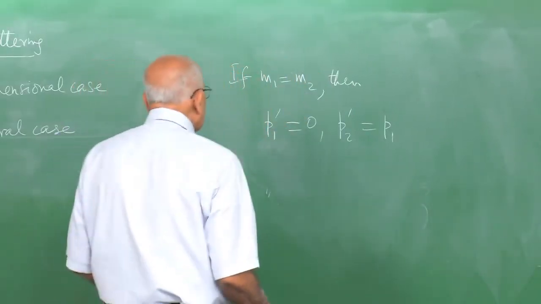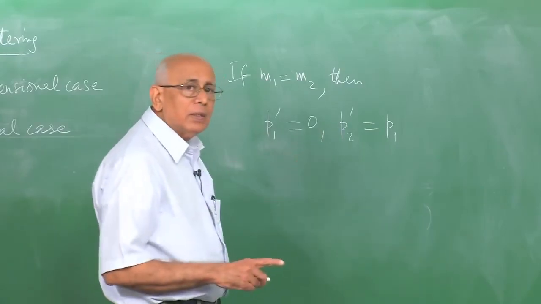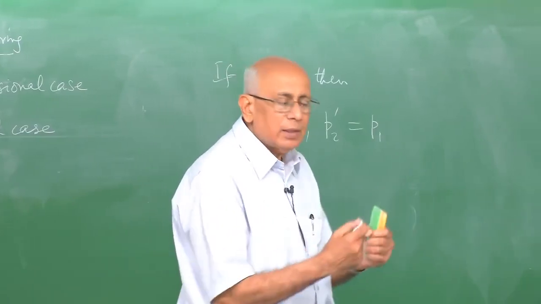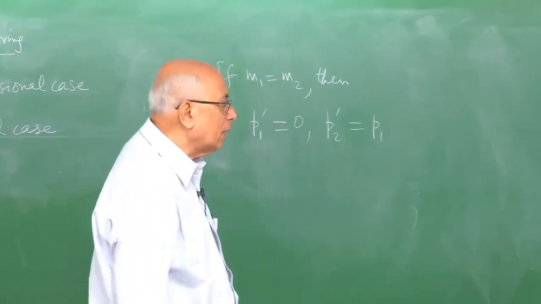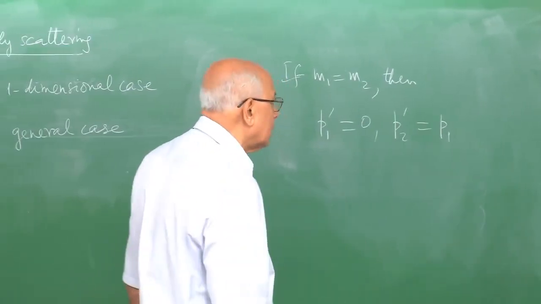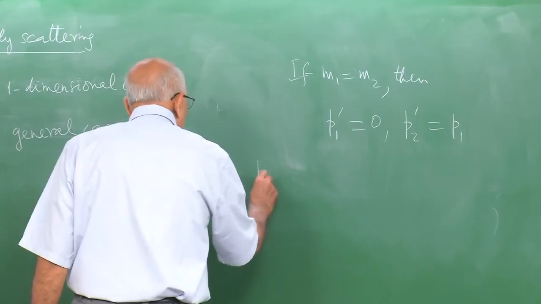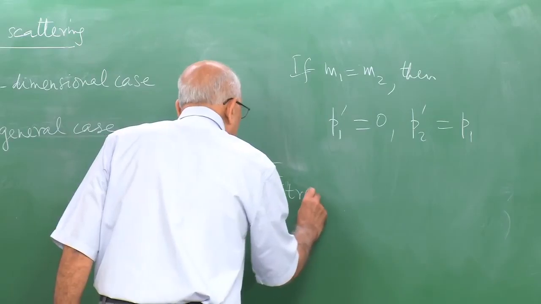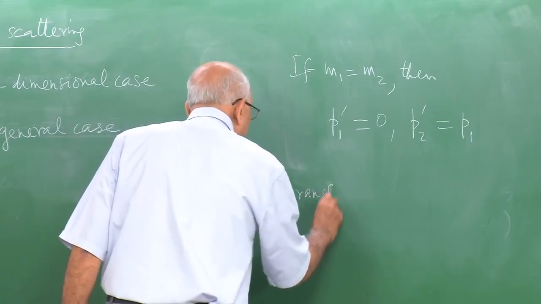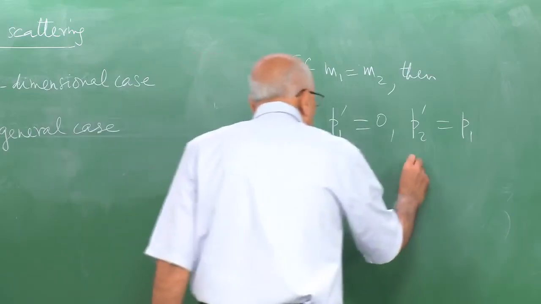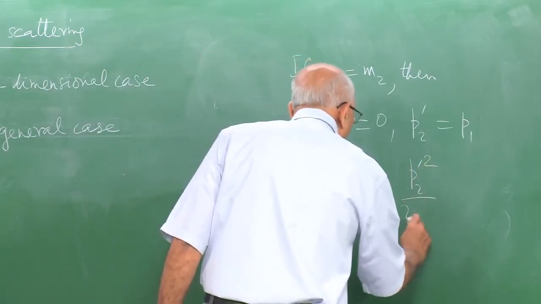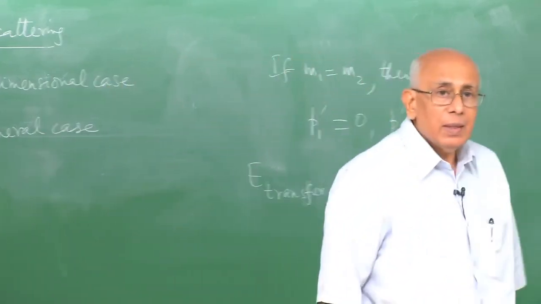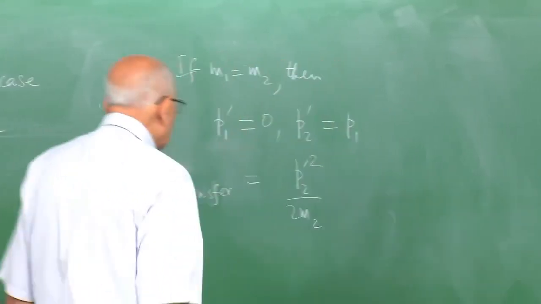What's interesting is to ask, what is the amount of energy transferred in this process to the target? How efficient is it to transfer energy from the projectile to the target by giving the initial projectile a certain amount of energy? Well, we know that the energy transferred, E transfer, is equal to p2 prime squared over 2m2, because the initial kinetic energy of the target was 0 and now it has acquired the amount of energy p2 prime squared over 2m2.